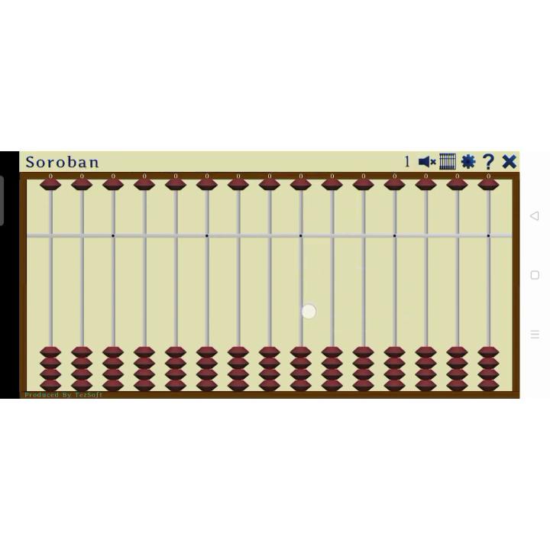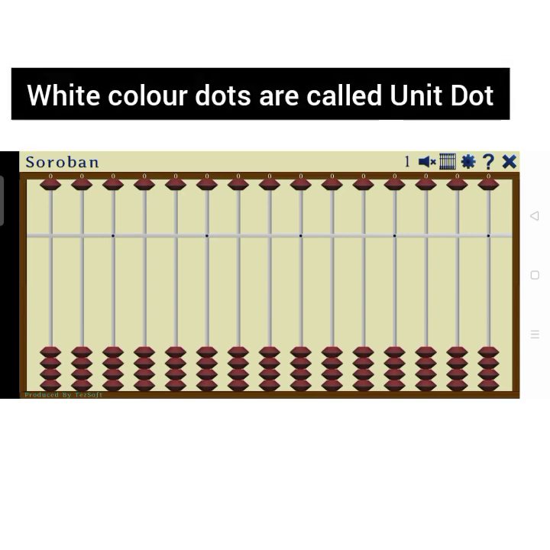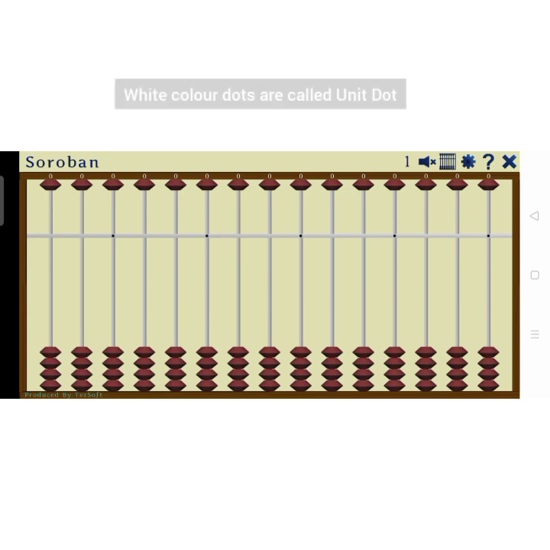You have black color rods. Done? Now see these dots, this one, this one, this one, this one and this one. What are they called? These are called unit dot.